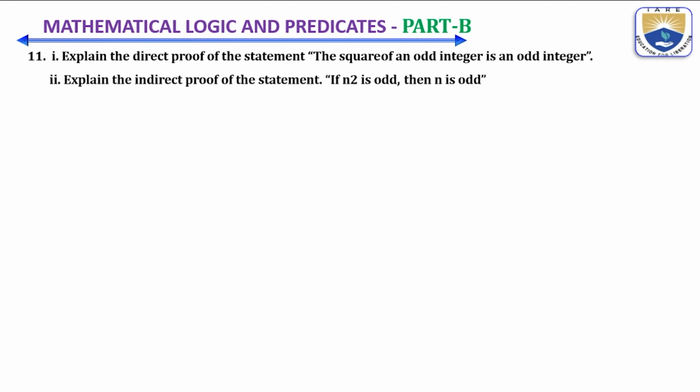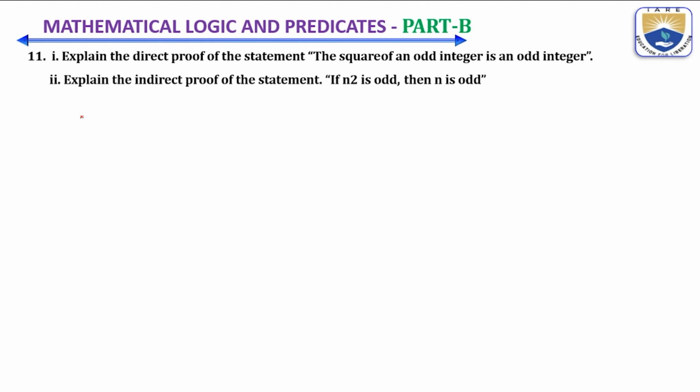Now let us discuss the first one, the square of an odd integer is an odd number.